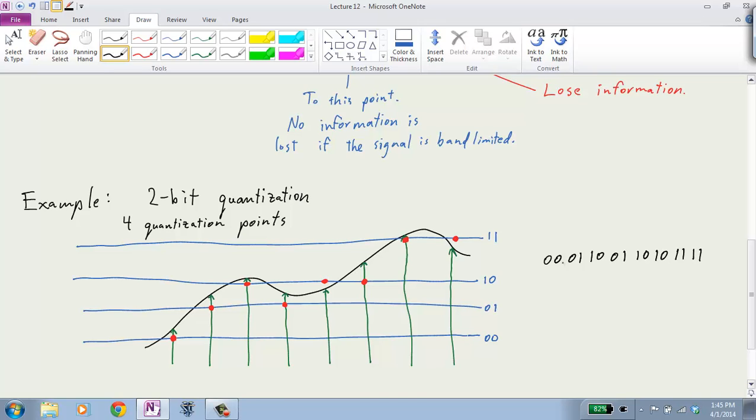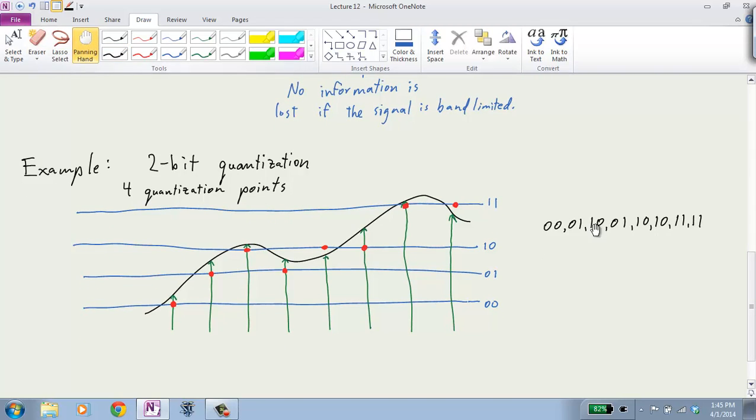I can put commas here so you can see how I did that. Okay, so there we go. We've gone from analog to digital, something we can work with in memory. Okay, obviously, once we have only this, we lost something.